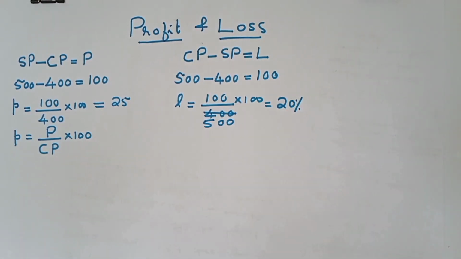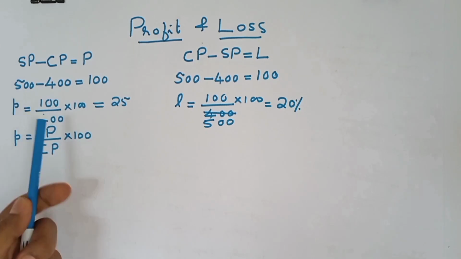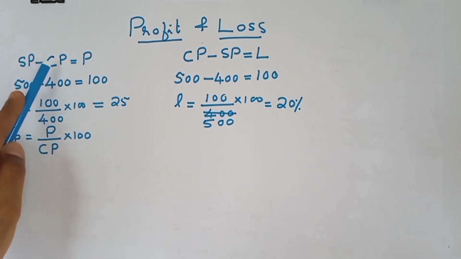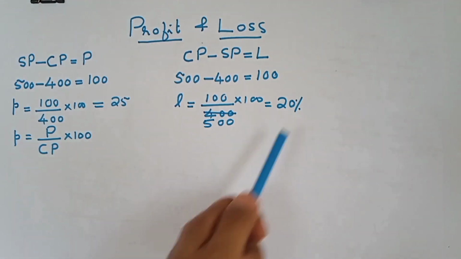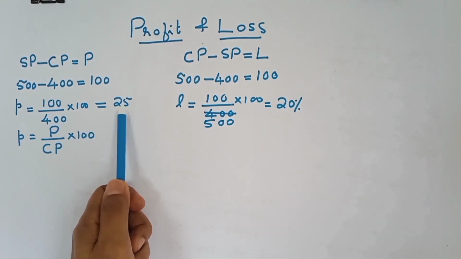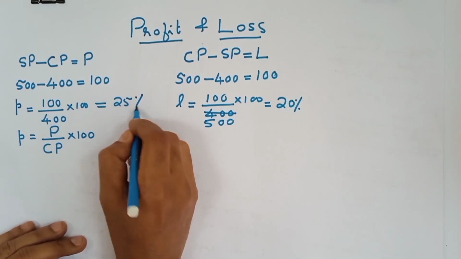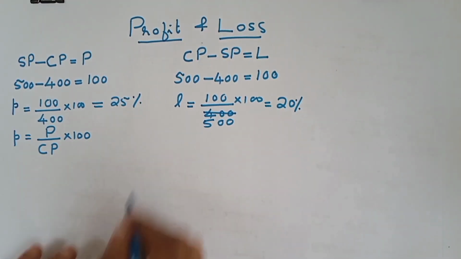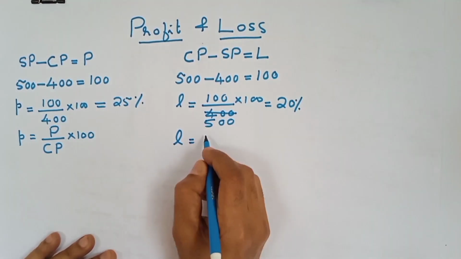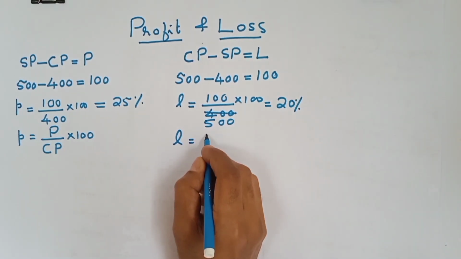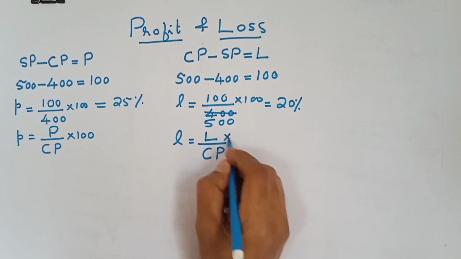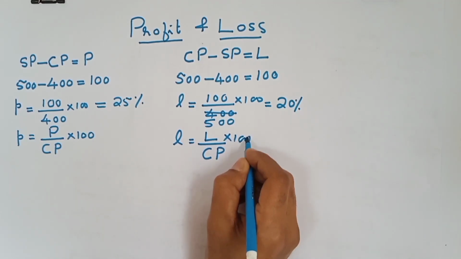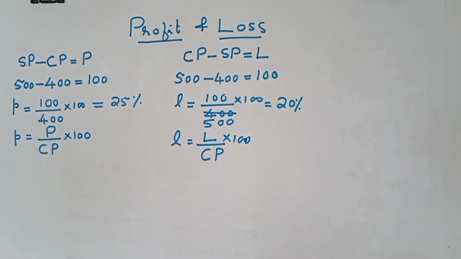Can you see something? Here we have used the same figures, but instead of CP being 400, here CP is 500. That's why you see this change. In this case 25%, in the other case 20%. So whatever the numbers you get, l is found out like this: absolute loss divided by CP into 100. That is the essential thing you need to keep in mind.